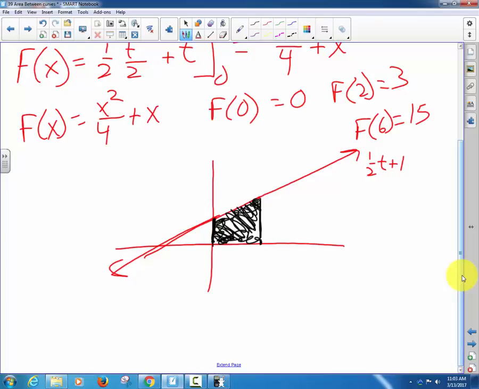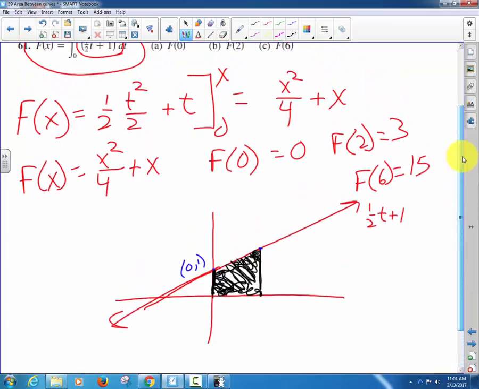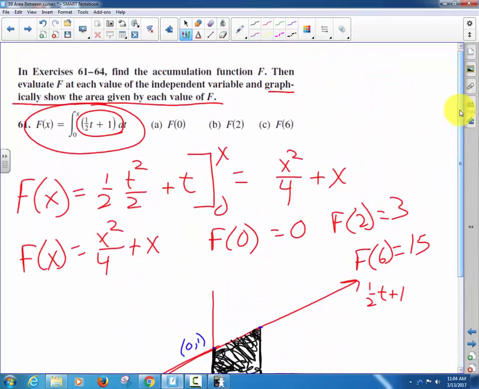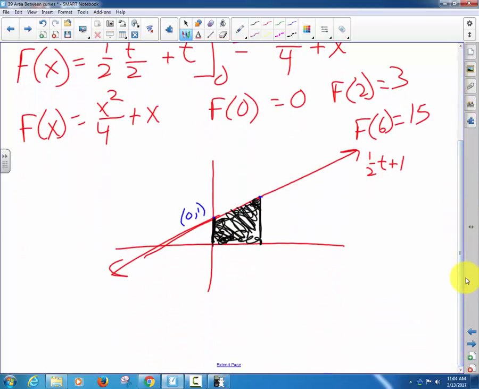Well, remember, this is 0, 1. This point here, if I put 2 into this thing here, half of 2 is 1 plus 1 is 2. So this is 2, 2. If I draw, I've got a rectangle right there. The area of that rectangle is 2. The area of this triangle is 1. So I've got an area of 3 there.